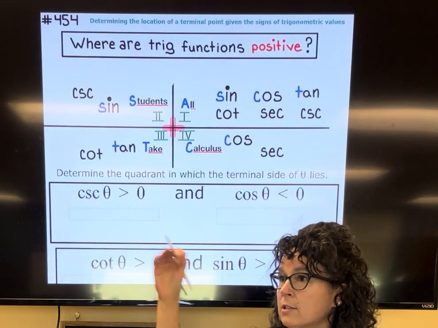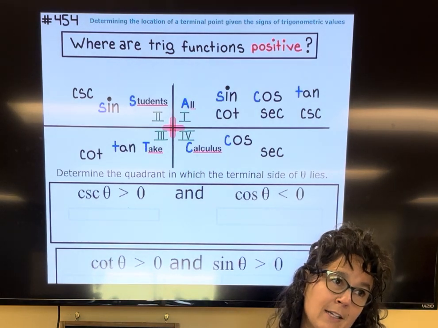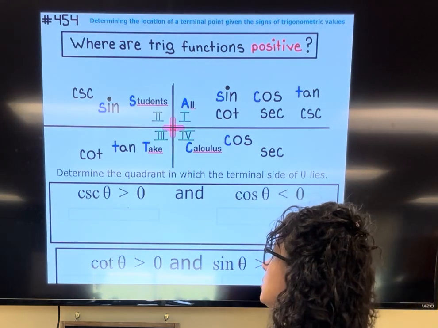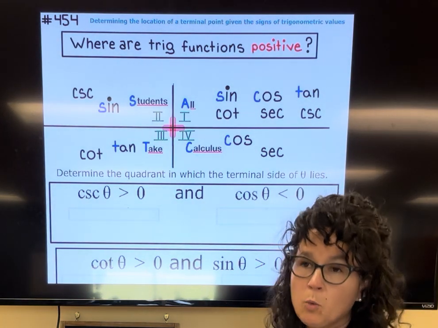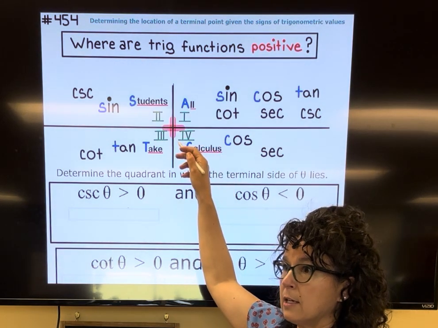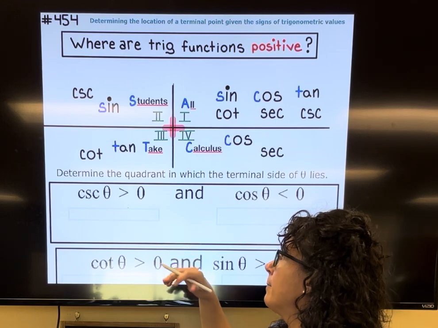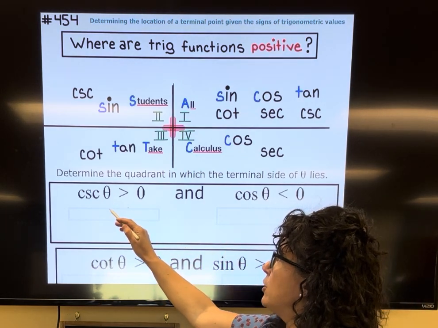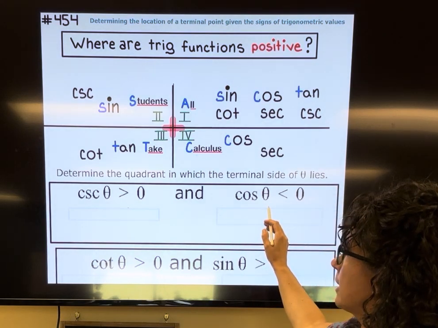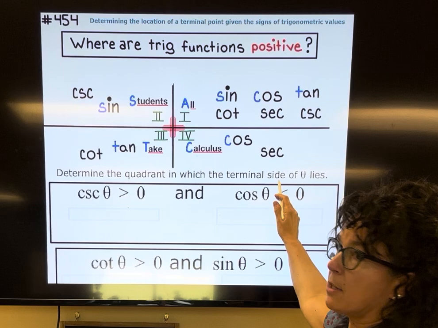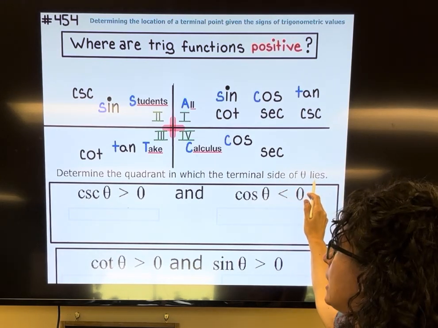So using this little device makes it a little bit faster to get at which of the quadrants the trig functions are positive. Later we'll be drawing triangles inside of this and then answering some questions. But for right now, we just want to be able to answer questions like this. It says, determine the quadrant in which the terminal side of theta lies.